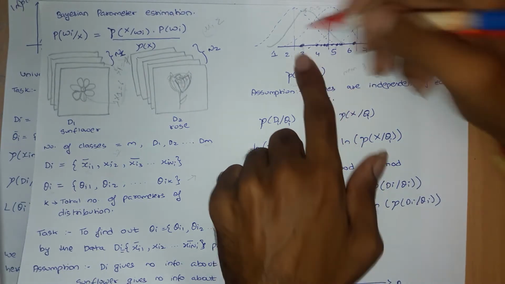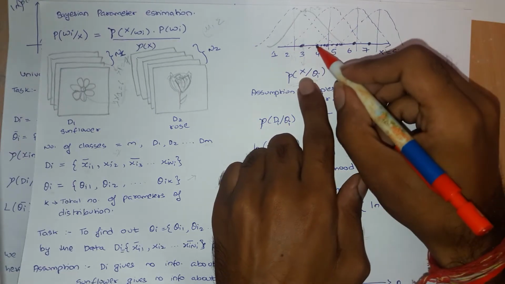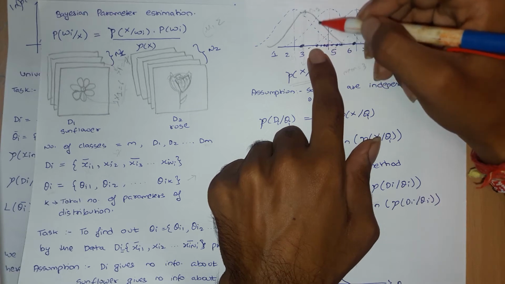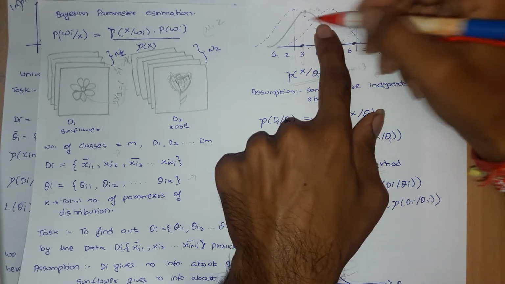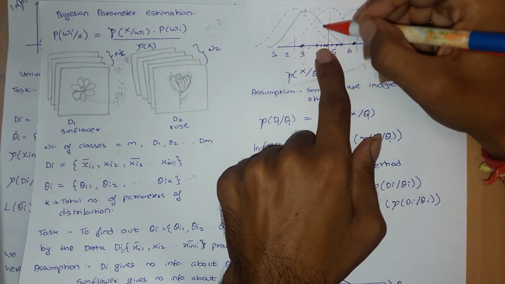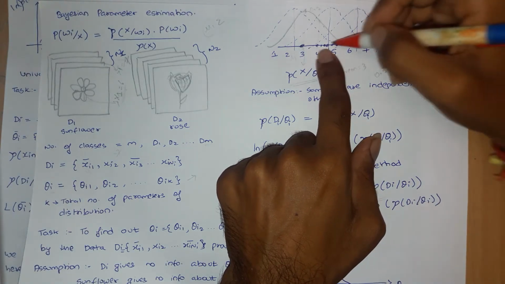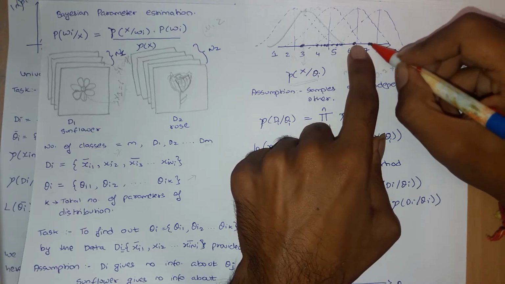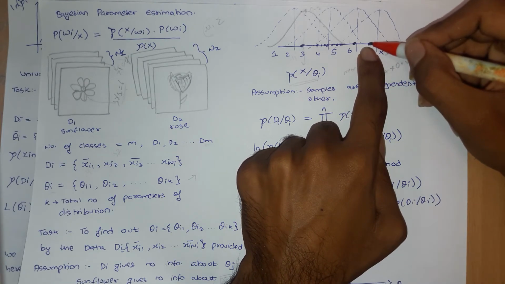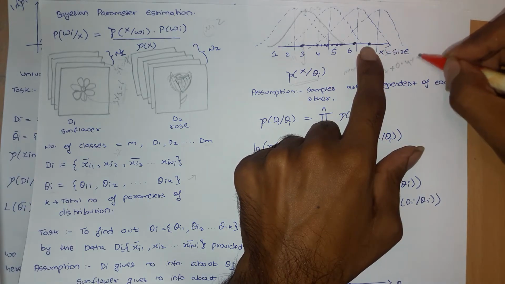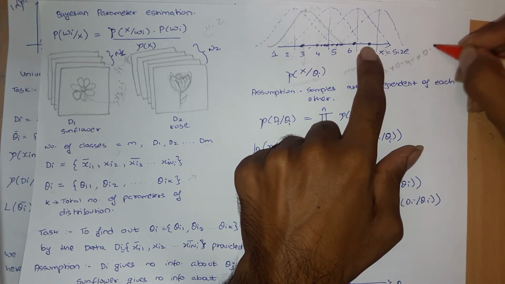Next, I'm going to calculate the next data's probability with respect to this Gaussian. Here you can see this is the probability, say 0.4. Then I calculate the probability of this sample, into this, into this. There are data points over here, and for the data over here I'll get a probability of say 0.00001.